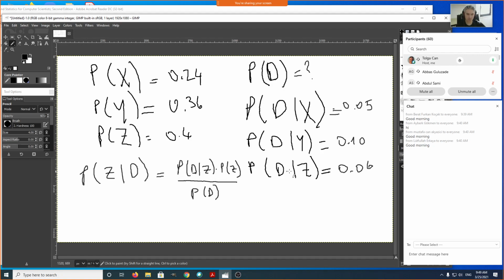Now, this one is known. This is 0.06. We know what PZ is, 0.4, but PD is not given. So this question is also a direct application of the law of total probability.